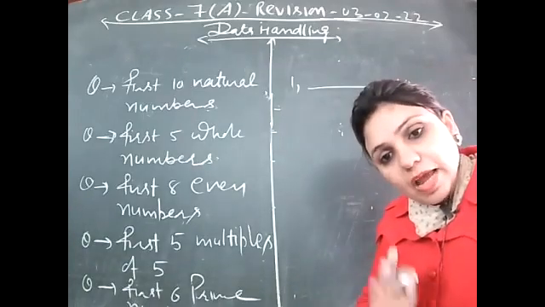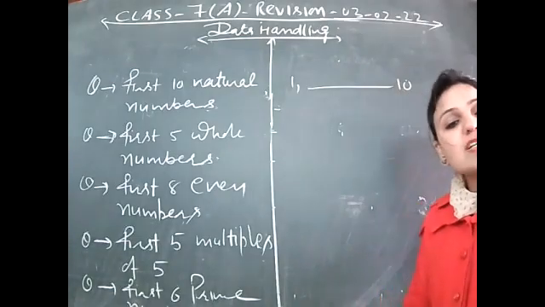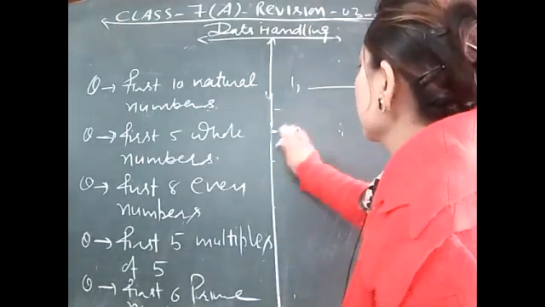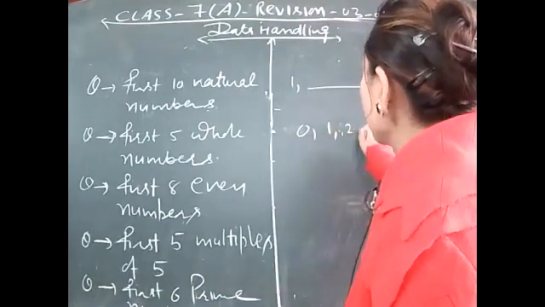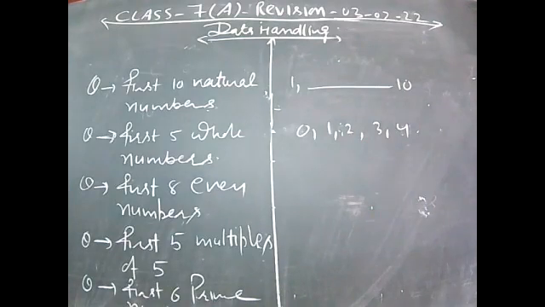And how to find their mean? Add them and divide by 10. Do it on your own, I will just give you the hint. First 5 whole numbers are 0, 1, 2, 3, 4. Add them, divide by 5, you will get the answer.